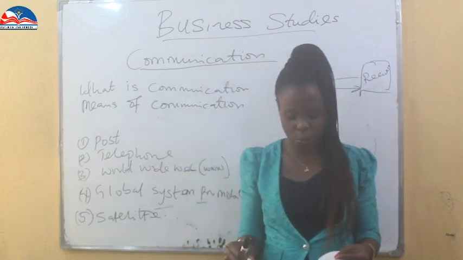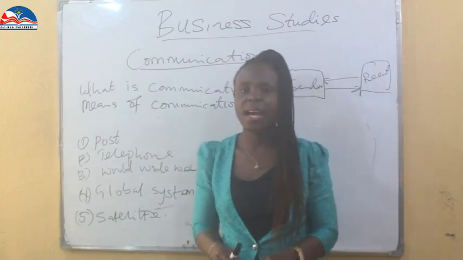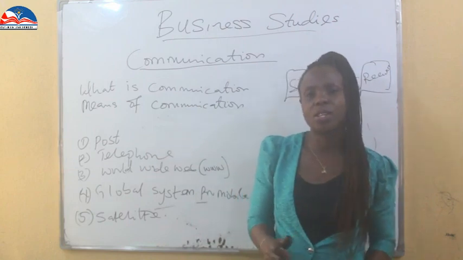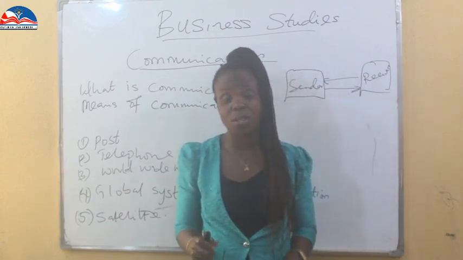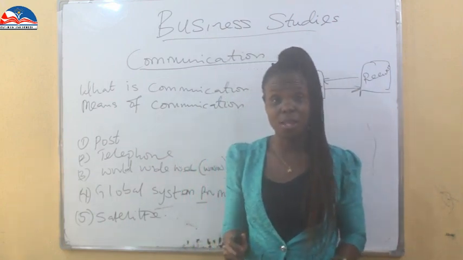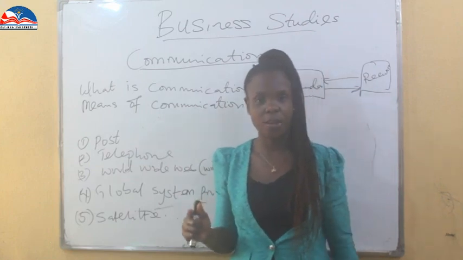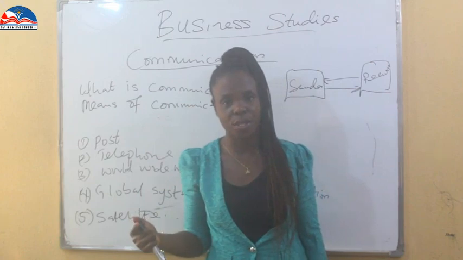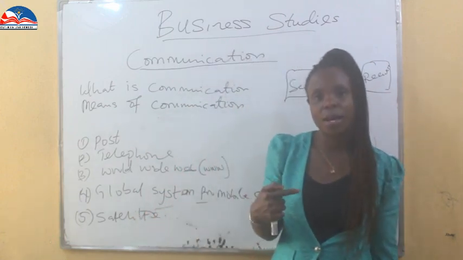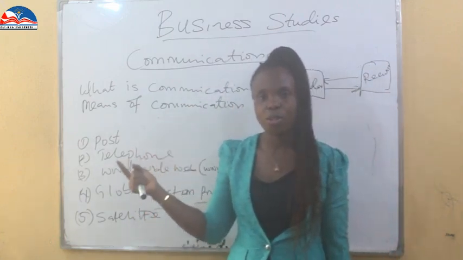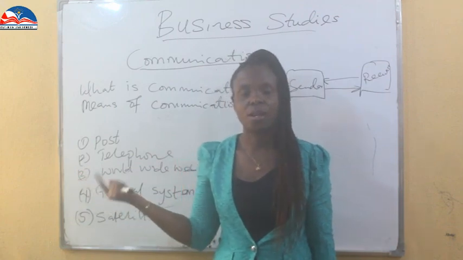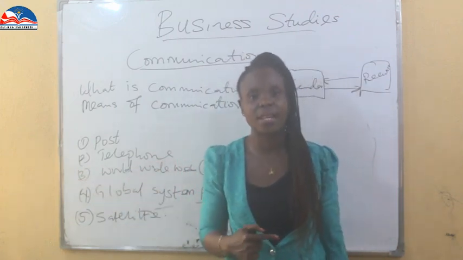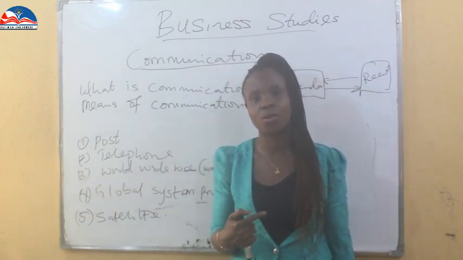That is communication. And in business, communication is one of the aids to trade because it is one of the major life wires of a business. Because the customer needs to receive information from his producer. The producer needs to communicate with the customer or the consumers.